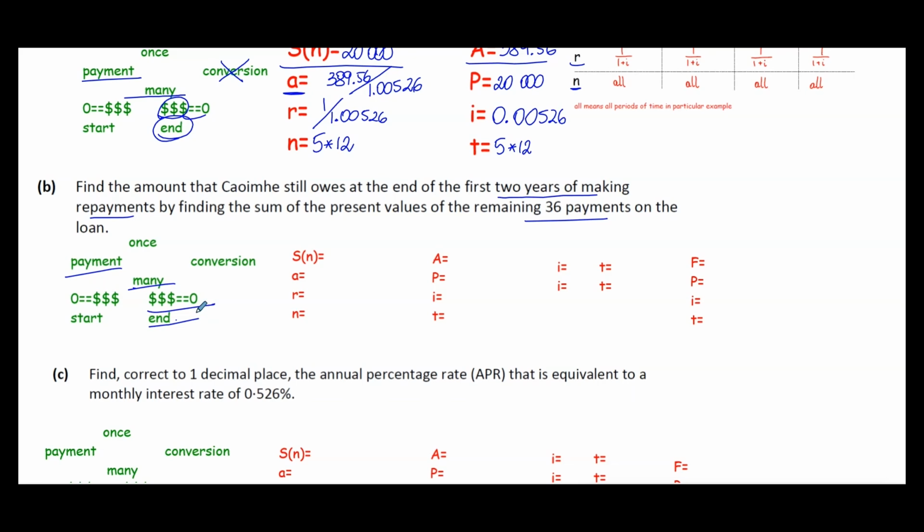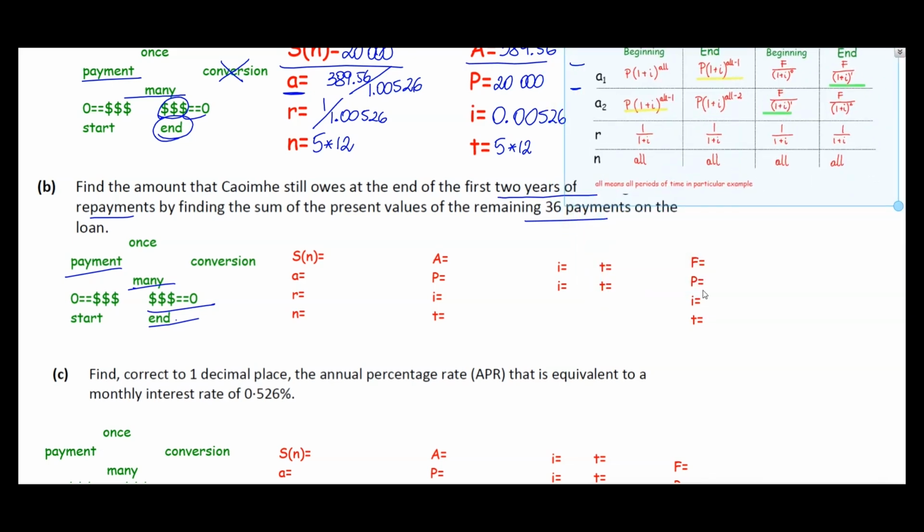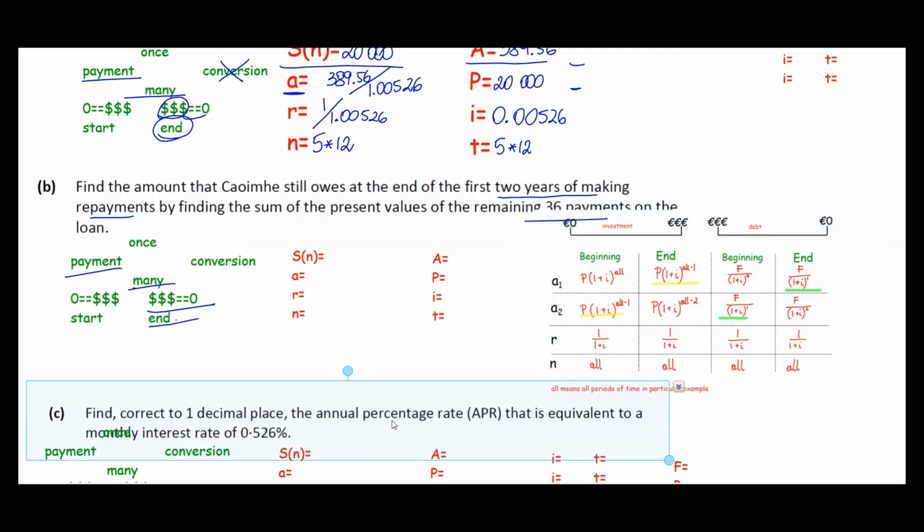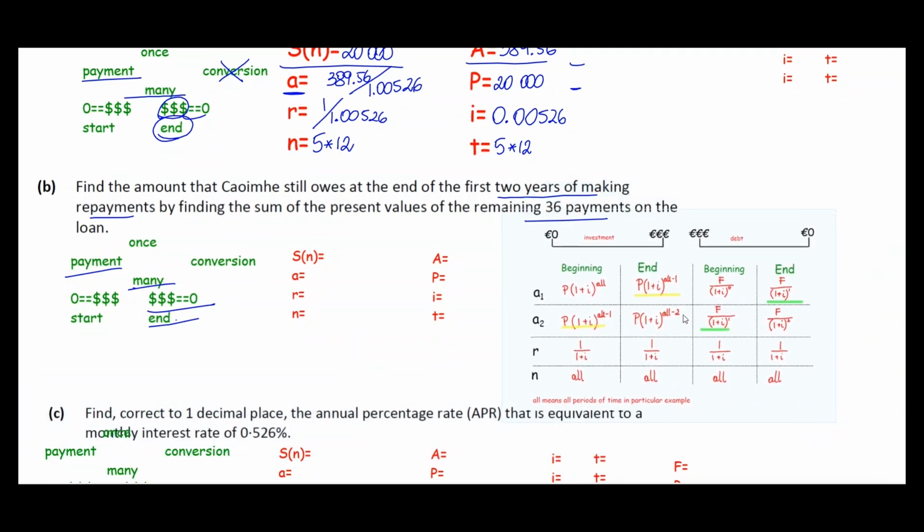So again, from our formulas that we're going to be using, it's not the compound interest, it's not the conversion. We know that that is the application we are doing here. And again, nothing really changes. We have the same value. The only difference is the question is how much money she owes.